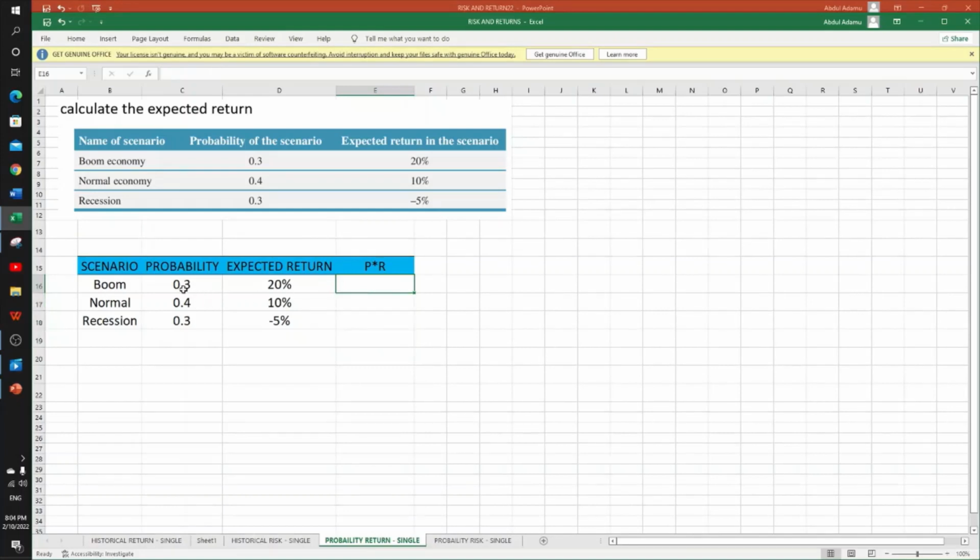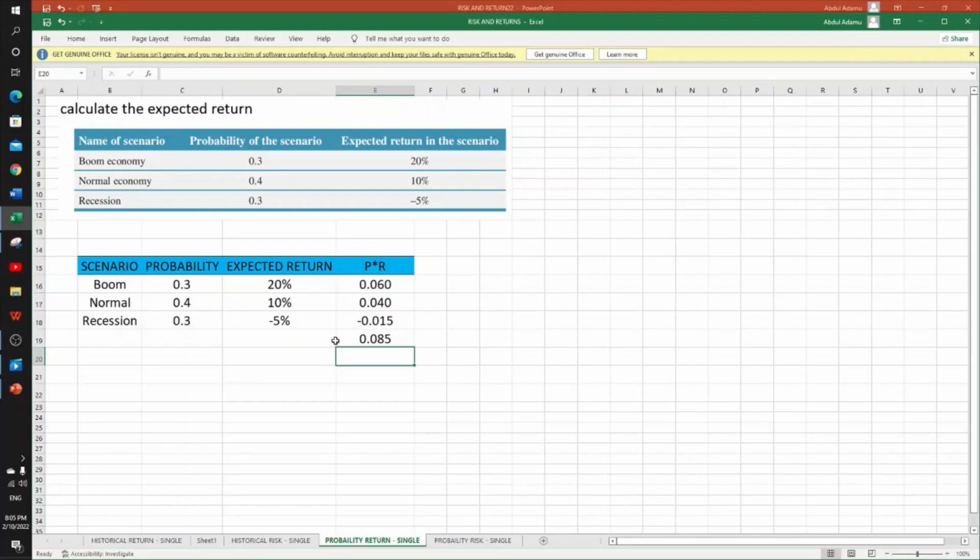So we multiply this. This is equal to this times this. Enter. That is the value. So copy it down. These are the values. So when we add, Alt equals to add, enter.